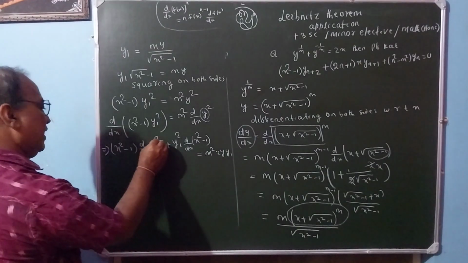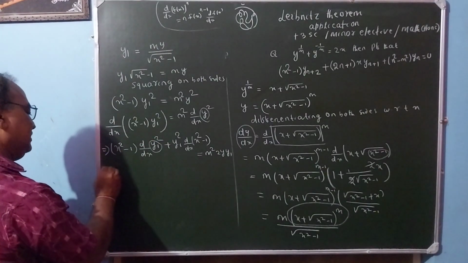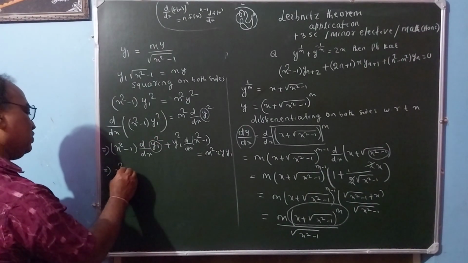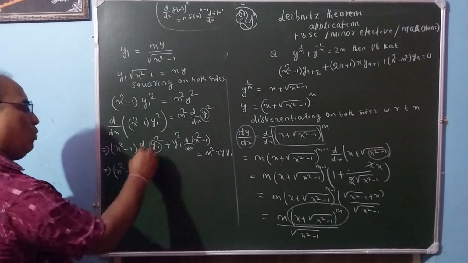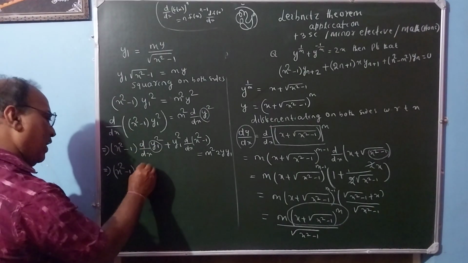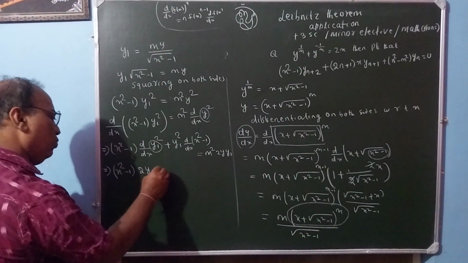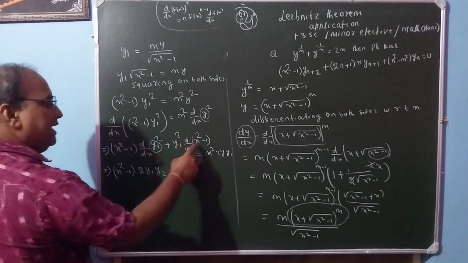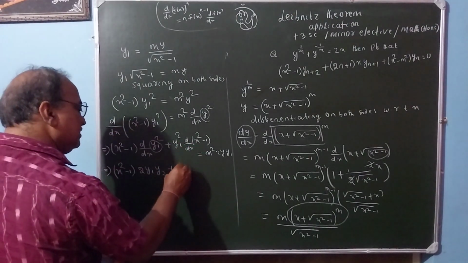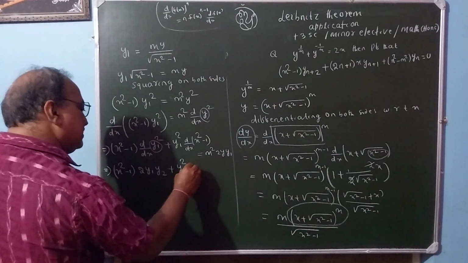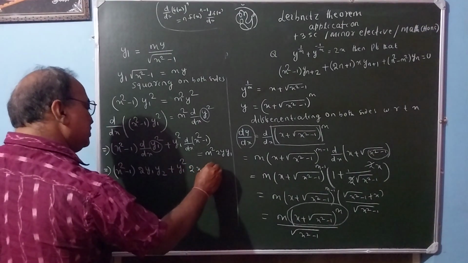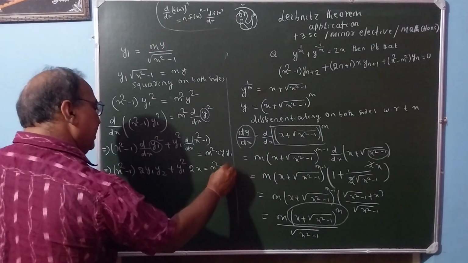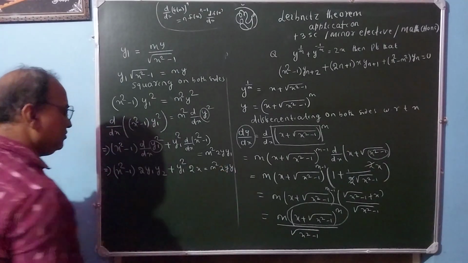So for y1 square the derivative, write down, it is x square minus 1, y1 square derivative 2y1 into y2, d by dx of y1 is y2. Now d by dx of x square is 2x. Here it is m square 2y into y1.